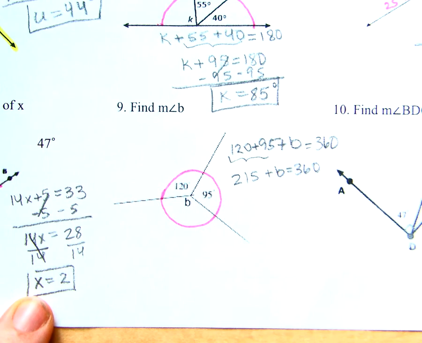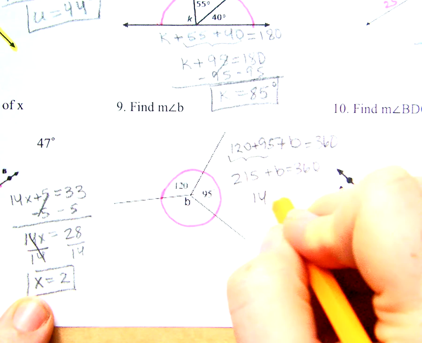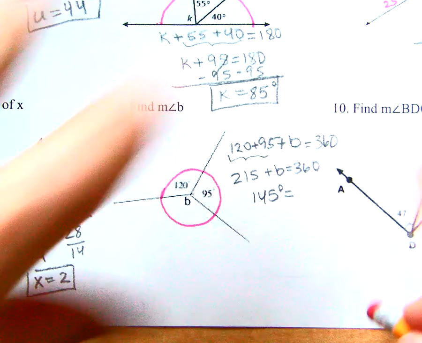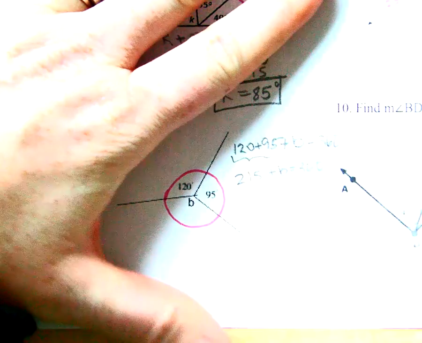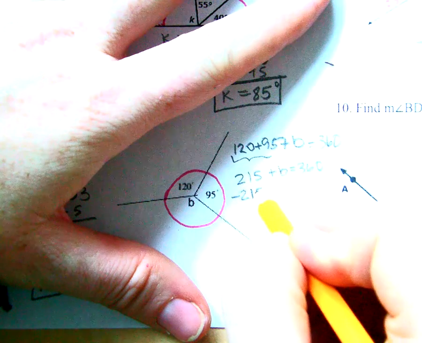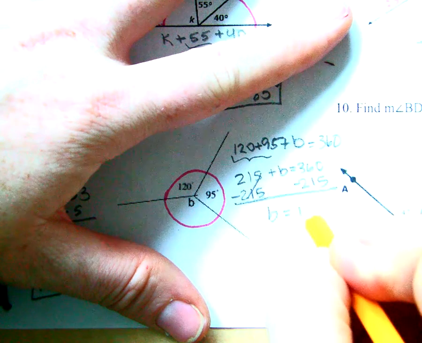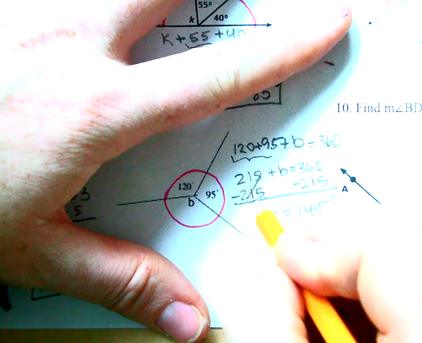And then I can take 360, subtract 215, and I get 145. B is its own angle. Let me write all the steps here. I subtracted 215 from both sides, and that gave me B equals 145 degrees.